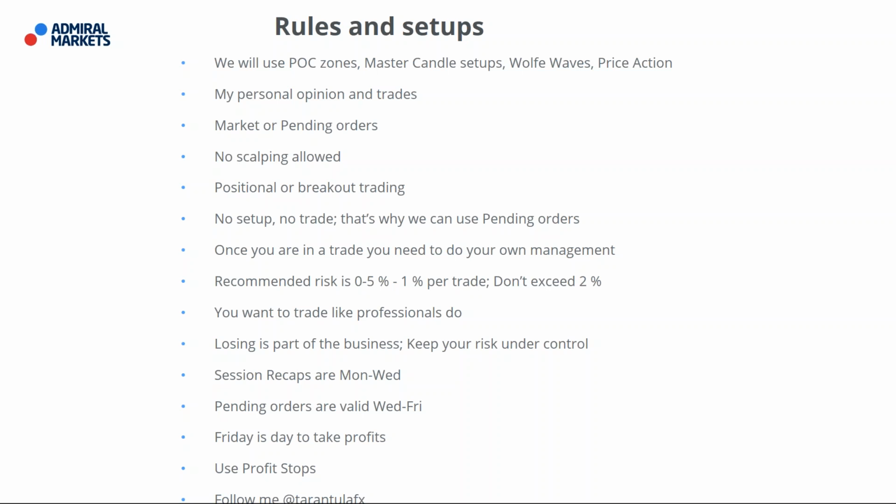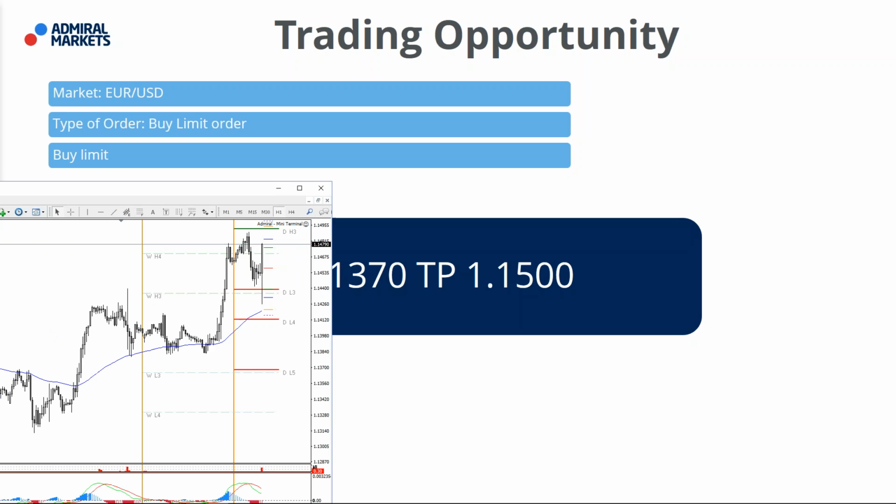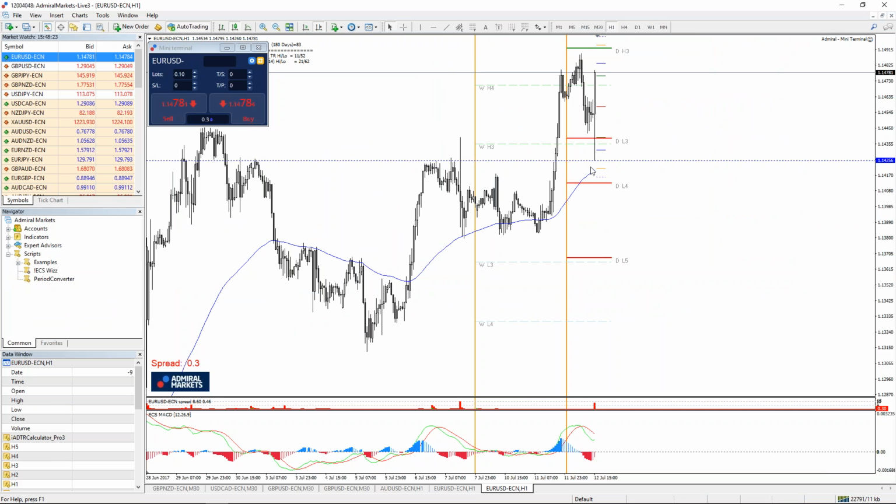So this is a trading opportunity that I wanted to exploit. I wanted to use a market order, but the market moved instantly here. So this is what I prepared, and watch what happened. This was a bit disappointing for me because I didn't catch this move.